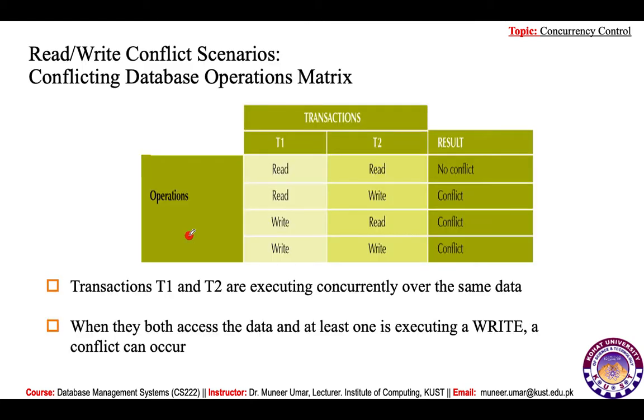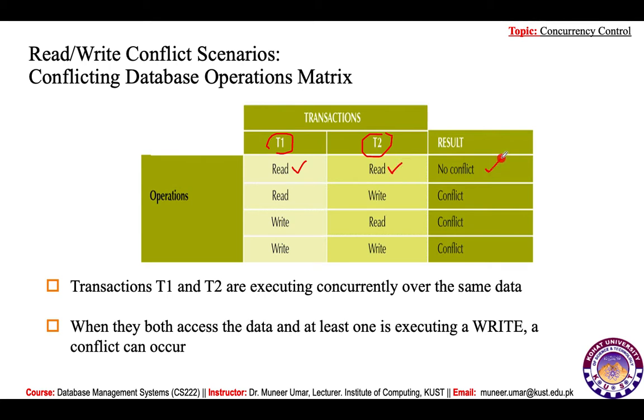So here we have two transactions, T1 and T2. Let's say we have a database table, and in a database table we have, let's say, a value. So if T1 and T2 both read that value, only read, in that case there would be no conflict.